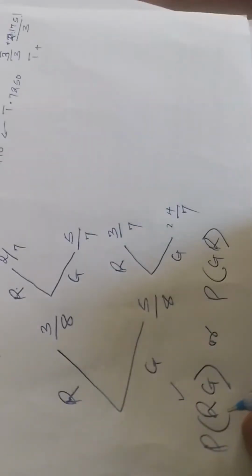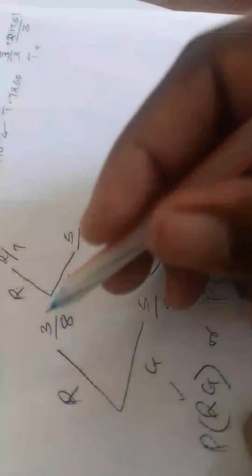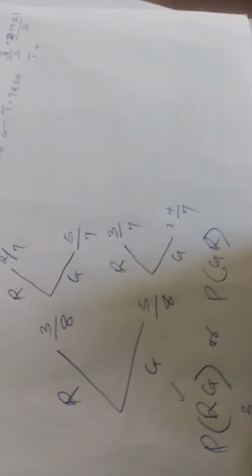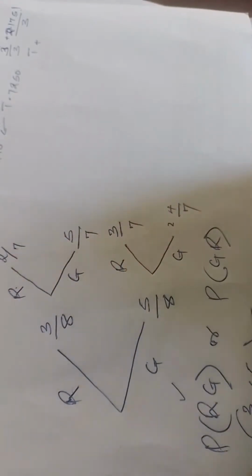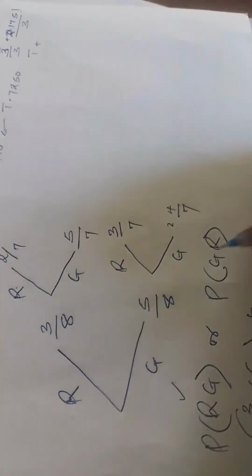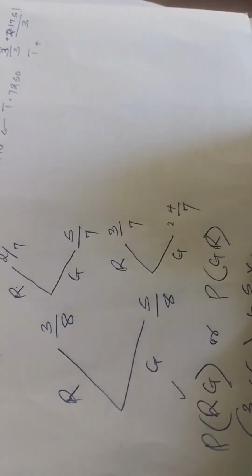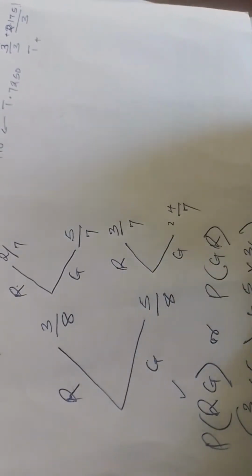So what is the probability of getting a green ball? The probability of a red ball. Probability of getting a red ball is 3 over 8 times green ball, that is 5 over 7. Then plus green ball, that is 5 over 8 times red, that is 3 over 7.